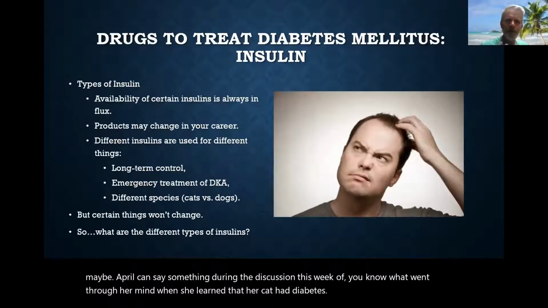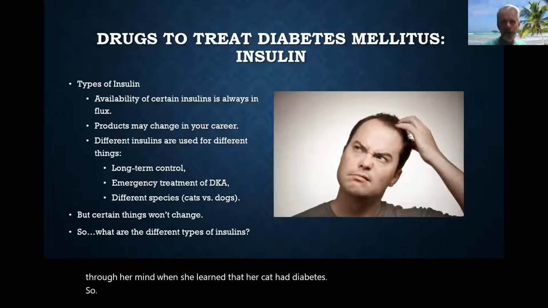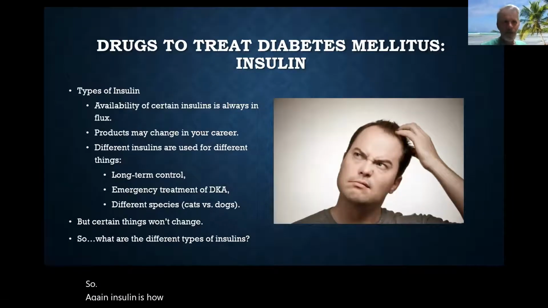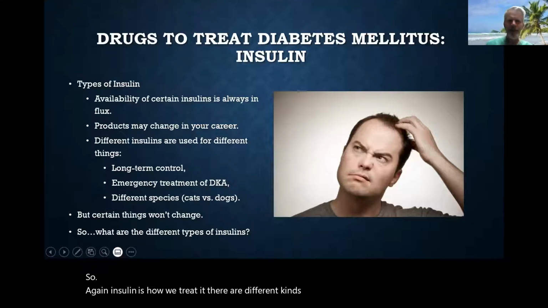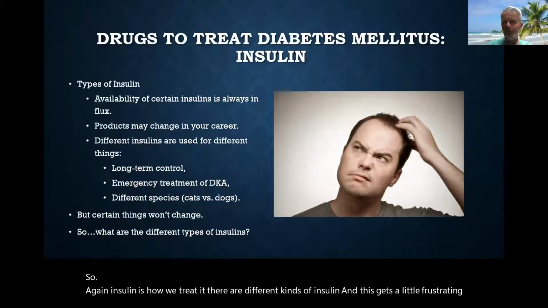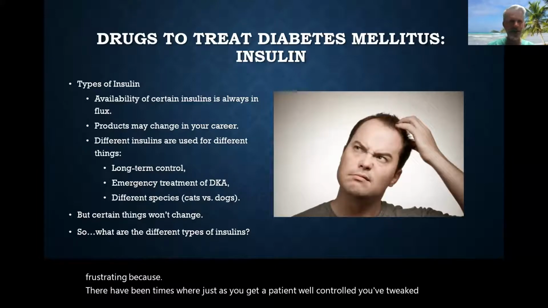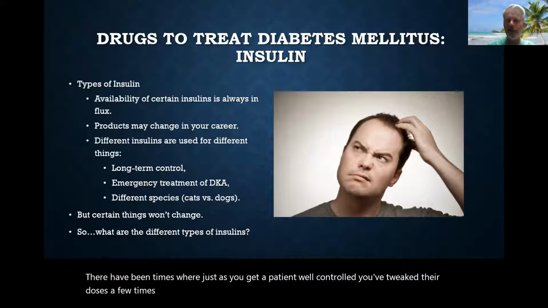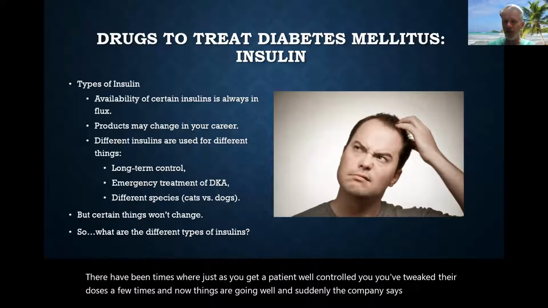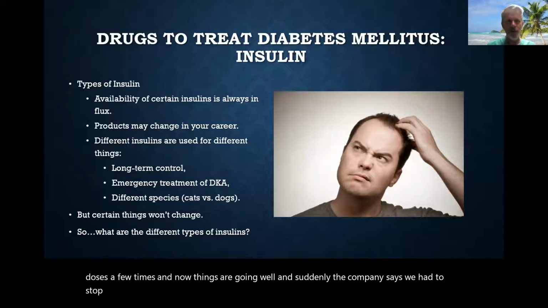So again, insulin is how we treat it. There are different kinds of insulin, and this gets a little frustrating because there have been times where just as you get a patient well controlled, you've tweaked their doses a few times, and now things are going well, suddenly the company says, "Oh, we had to stop production of our insulin.